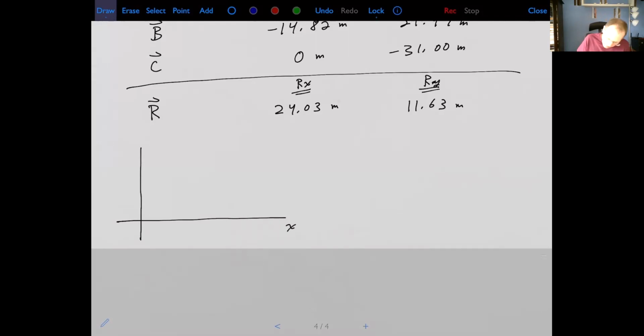So let's say that is right here. So this is Rx, 24.03. And then Ry is positive 11, so it's going to go up. So Ry is 11.63. Again, these are meters. So my actual vector R is this vector, right?